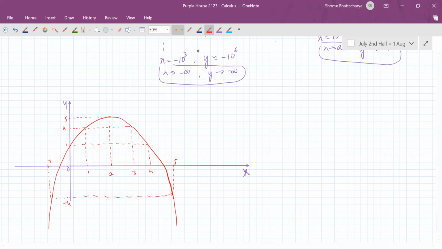Something like this, the graph is of this function. So again, this point here is the peak or local maxima point.